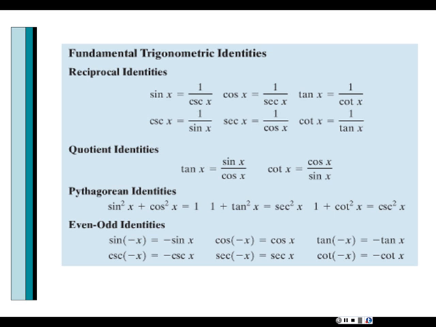Now we can write this, right? Because this is divided by, we flip the denominator and numerator. And then we cancel cos x, right?